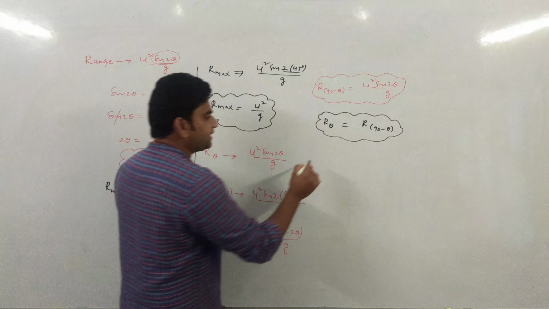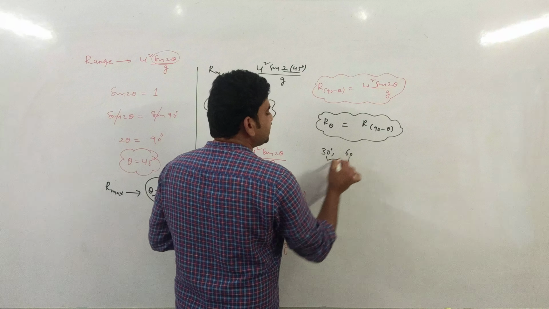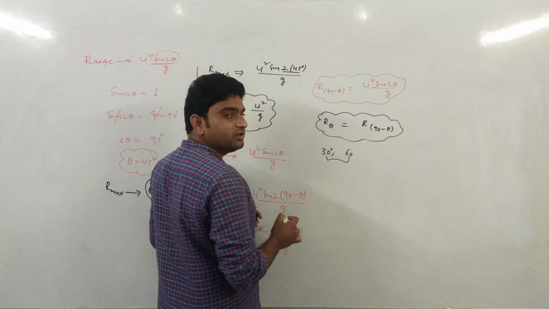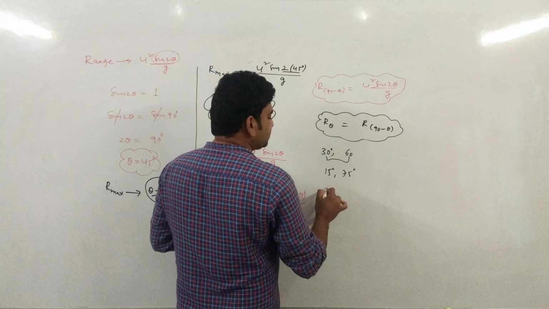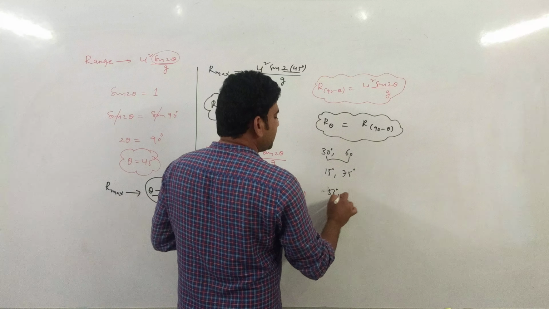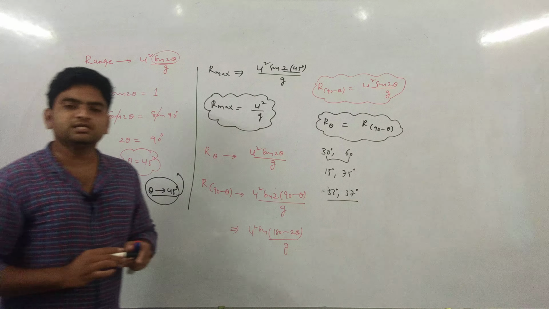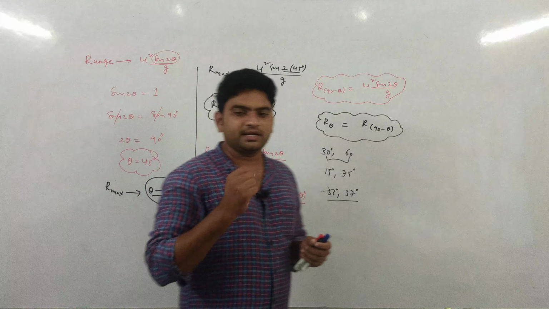If I take 30 degrees and 60 degrees, together they make 90. If I take 15 degrees and 75 degrees, or 53 degrees and 37 degrees, for such angles the range value is the same. This is the conclusion in the case of range value.